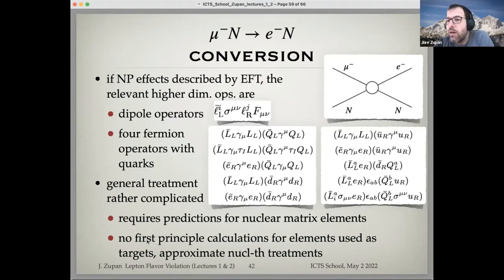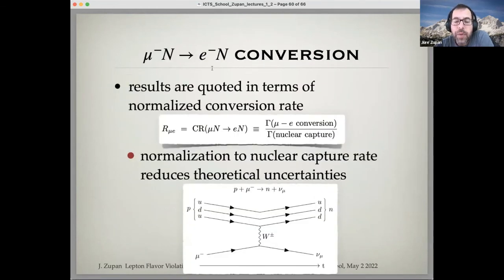But the fact that you discovered new physics, if you see a mu to E conversion, is still true. The standard model rate is very small for this process, so no neutrinos. All right, so it gets more complicated, but the main message of why you should do this experimentally is still there. All right, so how are these results quoted?